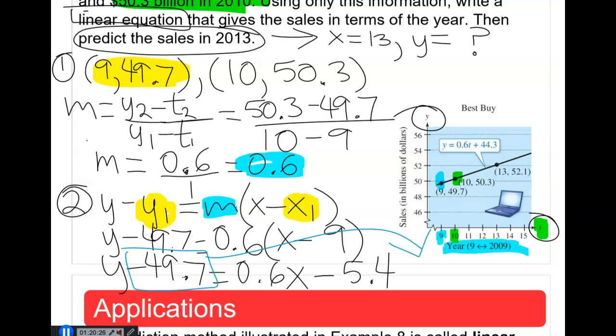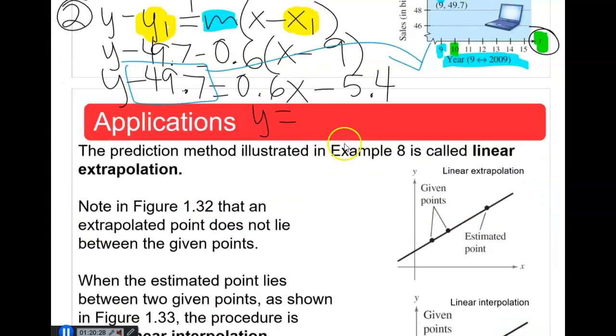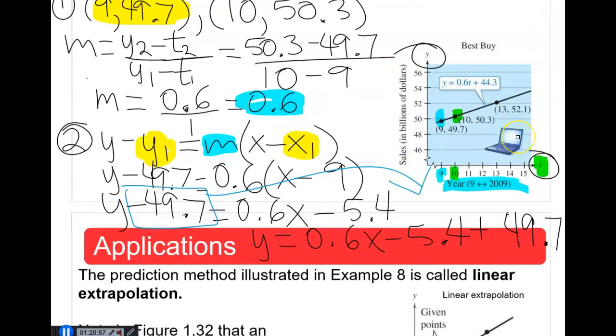Now it's going to be adding, so we will have y is equal to 0.6x minus 5.4, and then plus, not 50, but 49.7. So the final answer after you combine terms with the numbers, it will give you 44.3. So that is the answer for that question.